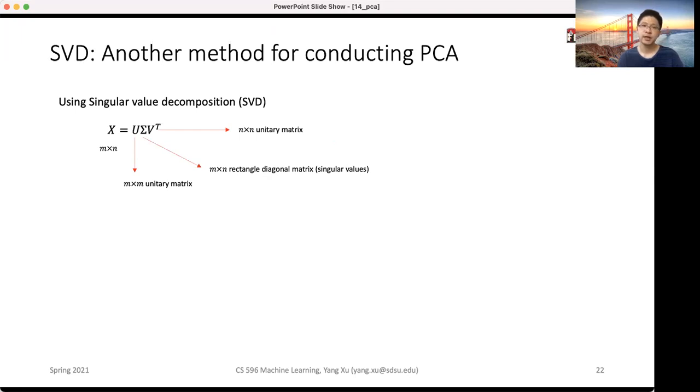So if the data is n by n dimensions, then we can call SVD, which will result in three matrices multiplied together.